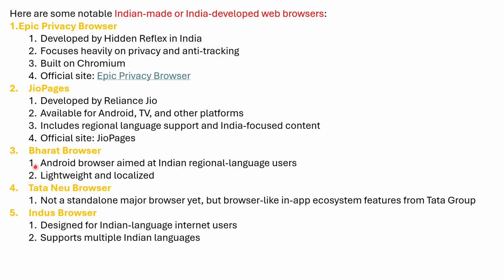It is an Android browser aimed at Indian regional language users. It is lightweight and localized. Fourth is Tata Neu, not a standalone major browser yet, but browser-like in application, with in-app ecosystem features from the Tata Group.